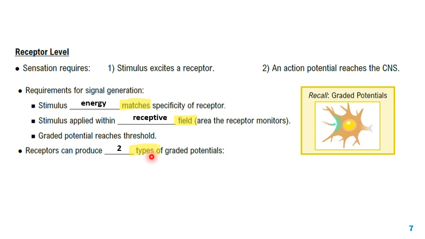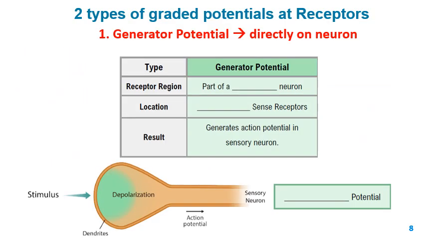So now, we need to talk about two types of graded potentials, okay? The first type of graded potential is a simple type, and this is called generator potential. This is when you have the dendrites of the neuron at the receptor site, and those graded potentials are hitting the dendrite, hitting this end of the neuron.